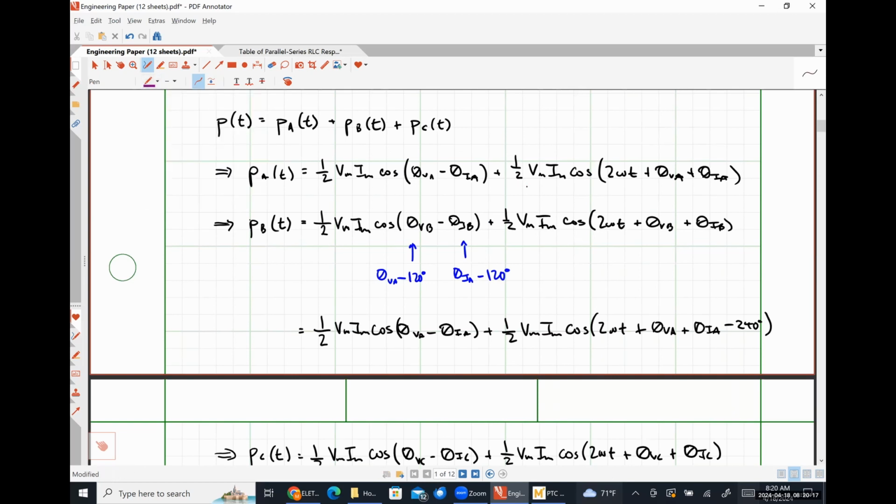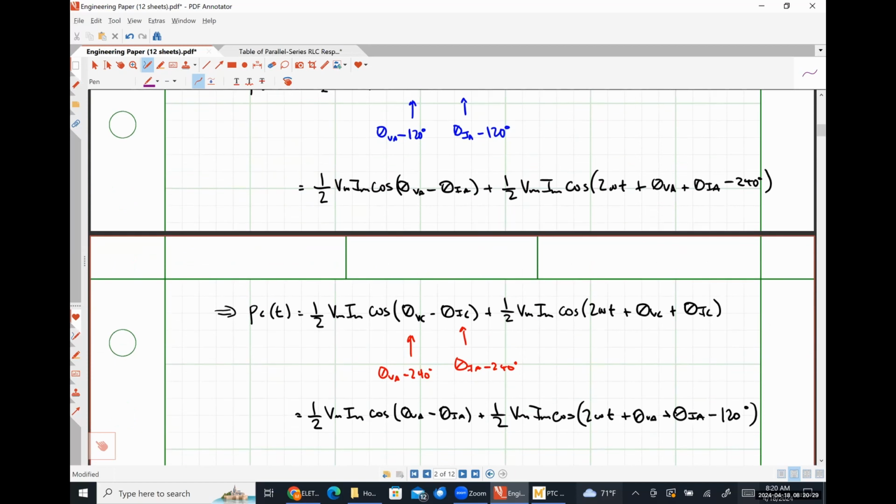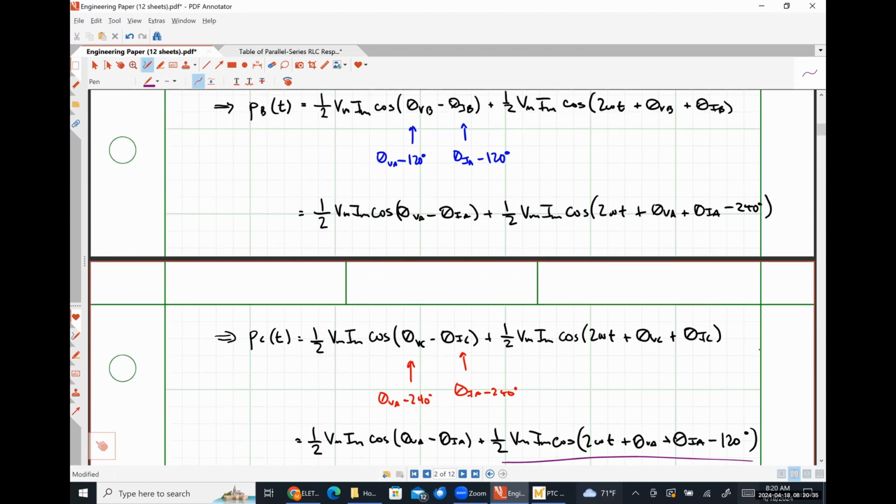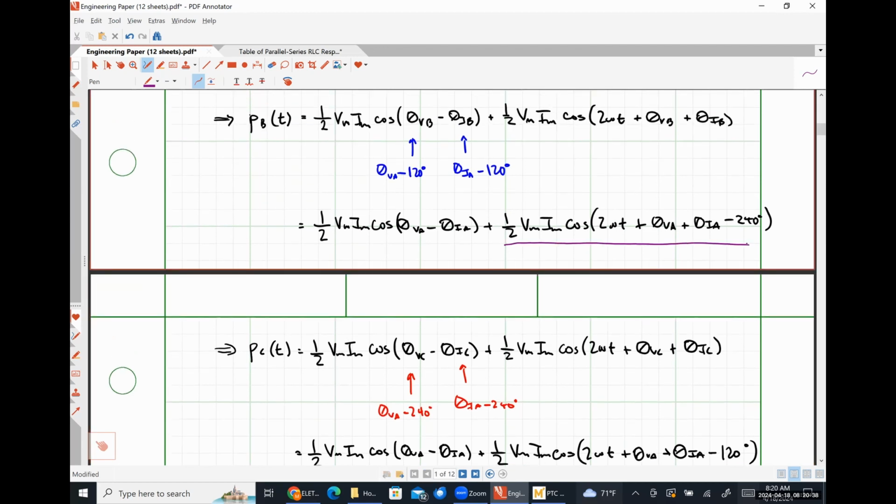On the A phase, I have an AC power term that has a phase angle of, let's call it 0, just for the lack of a better argument here. Down here, I have an AC power term that has a phase angle of negative 120 degrees. And right here, I have an AC power term that has a phase angle of negative 240 degrees.